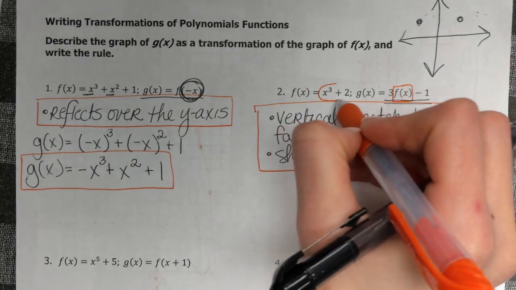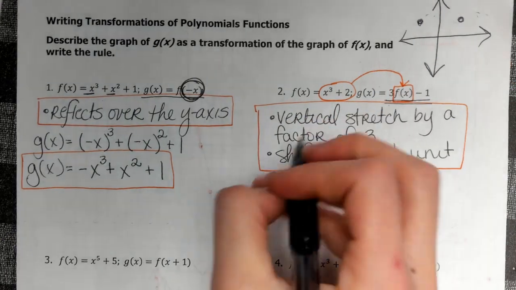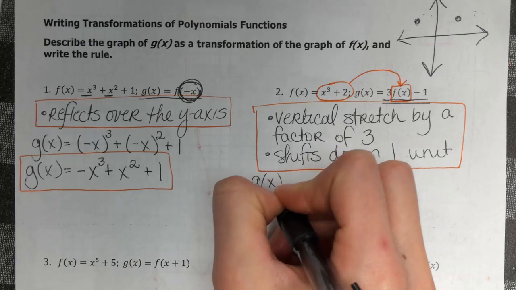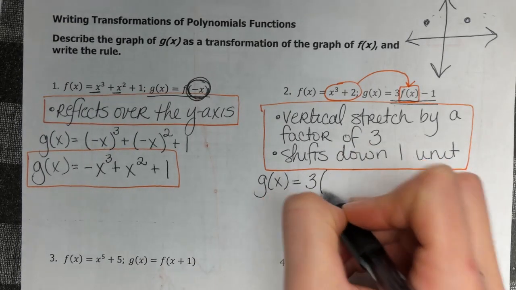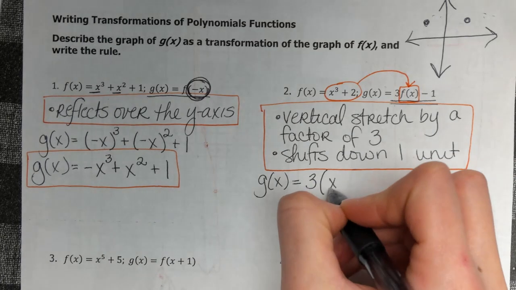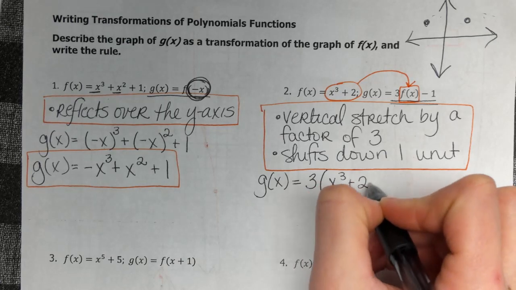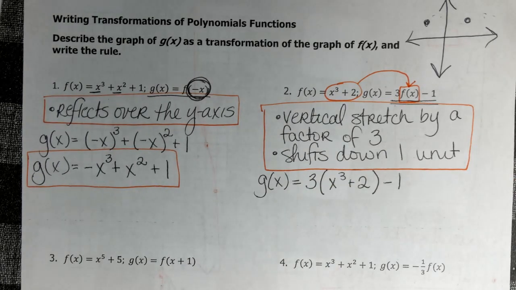So this x cubed plus 2 is my f of x. So g of x, which is my new function, I have 3 on the outside, and in parentheses, I put my entire function. Okay, so I'm going to put x cubed plus 2, and then minus 1 on the outside. We're good with that? Okay.